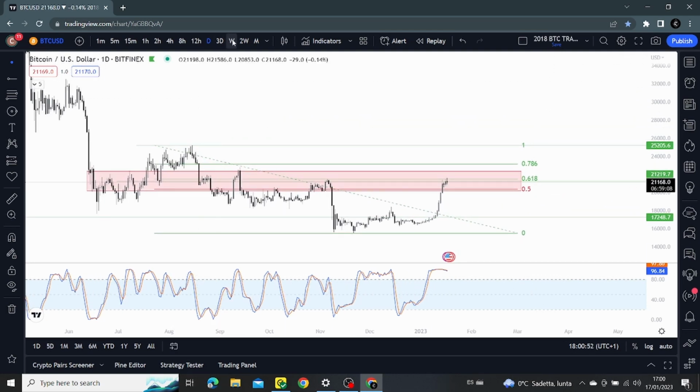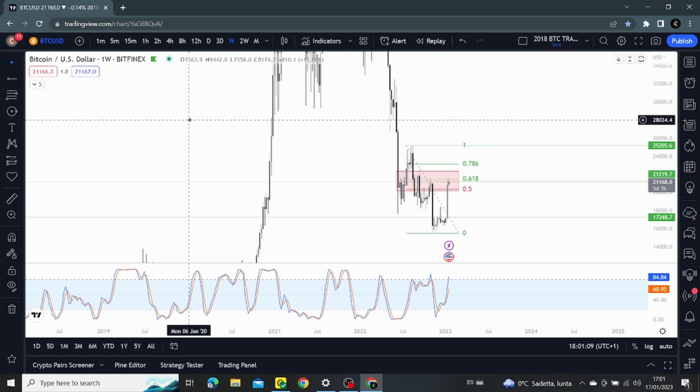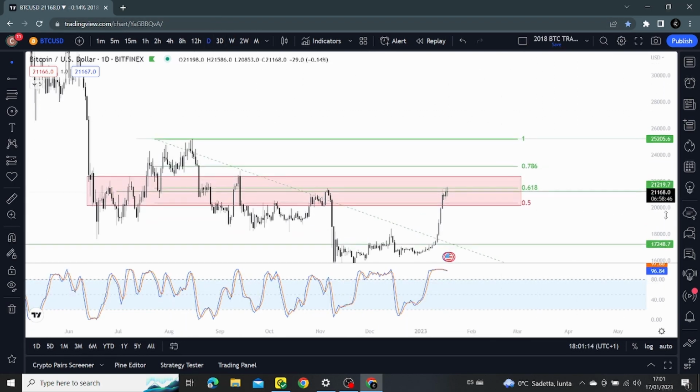We're gonna check the weekly time frame. We see that we are approximately in the oversold territory, a point of rejection for sure, close to the 88.40 or 50 area in the stochastic RSI, okay? We're gonna go again to the daily time frame.